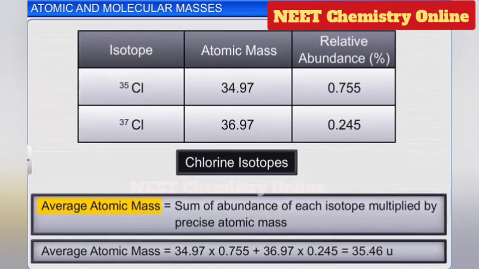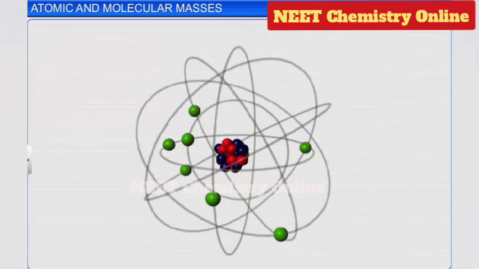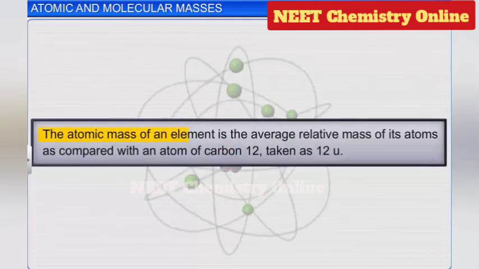Average atomic mass is the sum of the abundance of each isotope multiplied by the precise atomic mass. Thus, the average atomic mass of chlorine is calculated as 35.46 U. Hence, the average atomic mass was redefined as the average relative mass of the atoms of an element as compared with an atom of carbon-12 taken as 12 U.